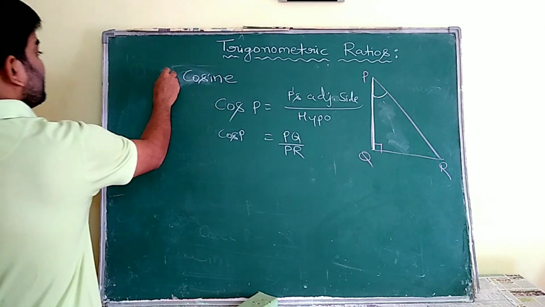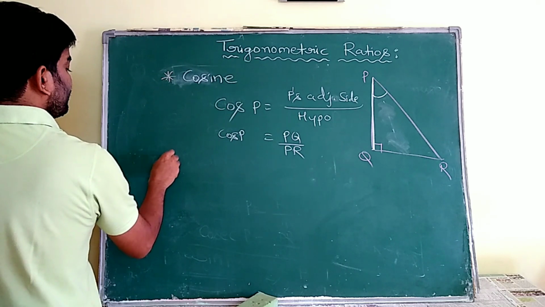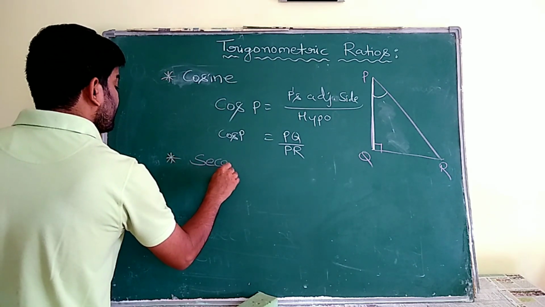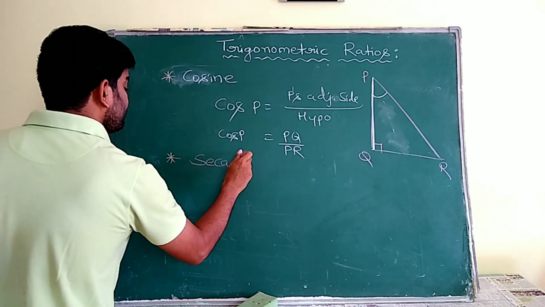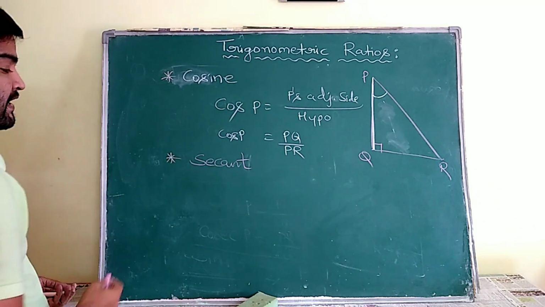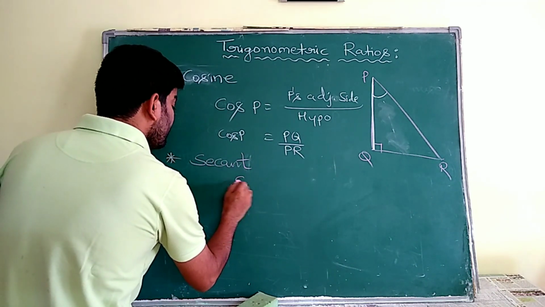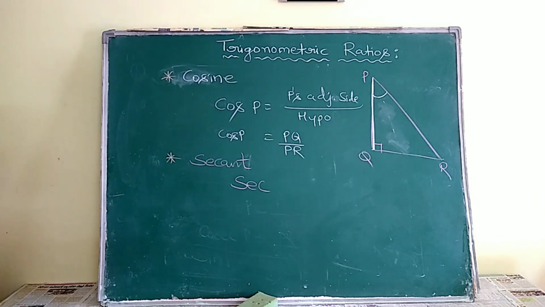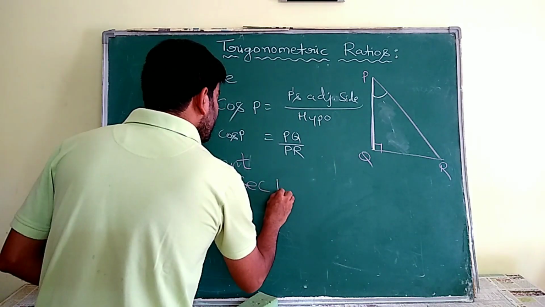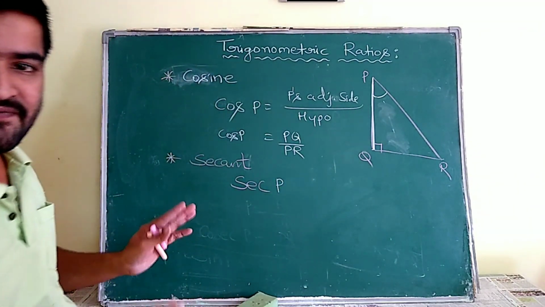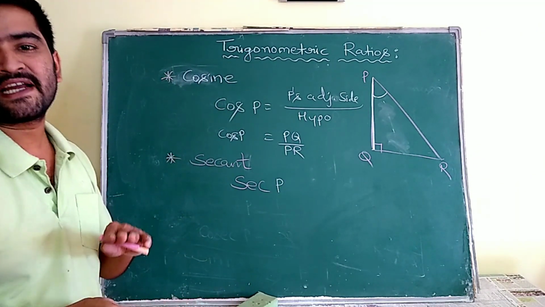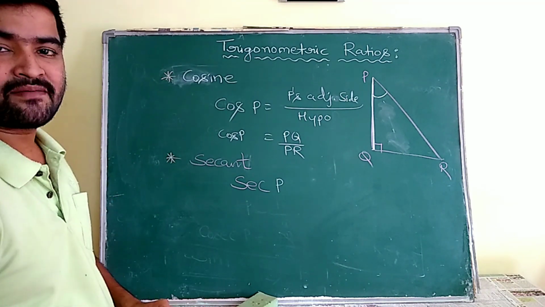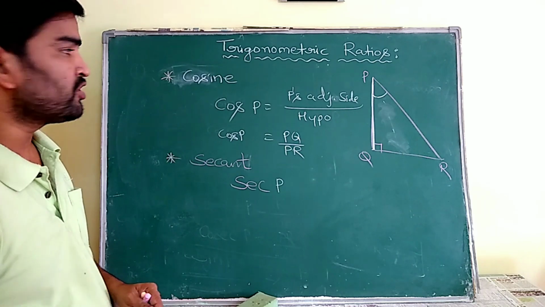Now the other ratio of this family is secant. For our convenience, we are short notating it as sec. See, secant p, as we discussed in the first family, sine and cosecant: cosecant is the reciprocal value of sine. Here also the same trick we are going to follow.